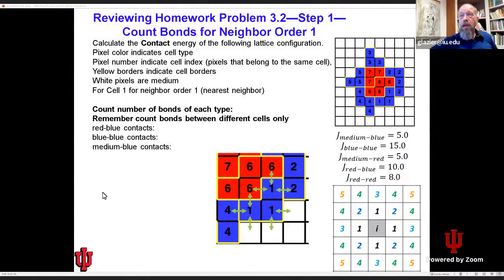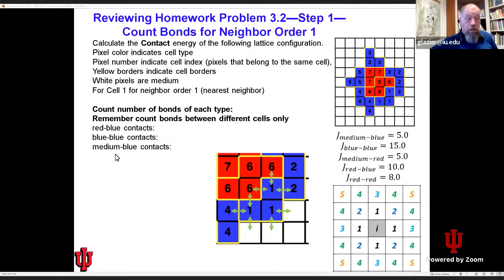So again, the way I would do this is that you are going to count how many mismatched links there are. And again, you have to remember that you only count bonds between different cells. And some people got a little confused about that in the homework. And I'd count separately how many red-blue contacts do we have, how many blue-blue, and how many medium-blue.